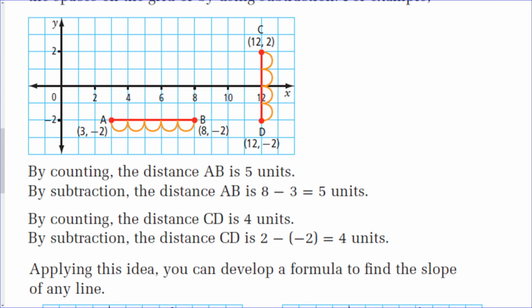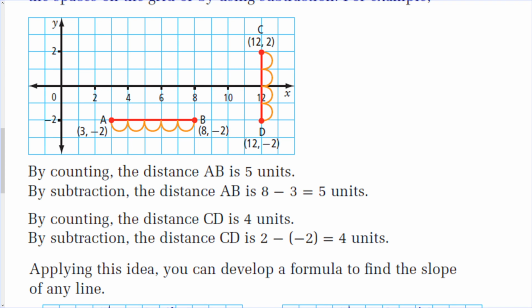Another way that we could do it is by subtraction. The textbook has this backwards, but don't worry about it. By subtraction, that would be -2, our ending, minus +2, our beginning, which gives us -4.